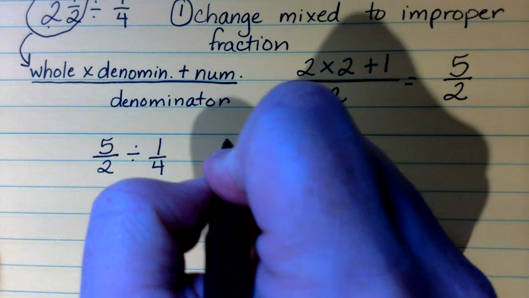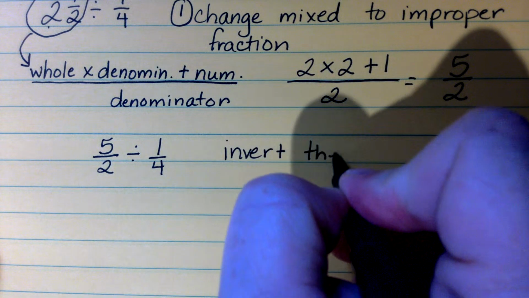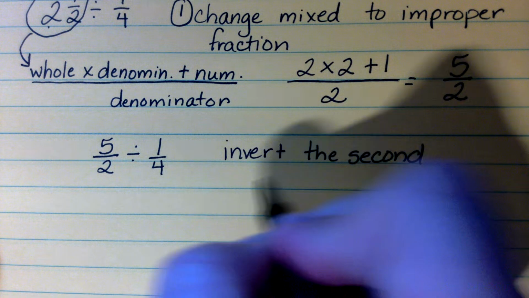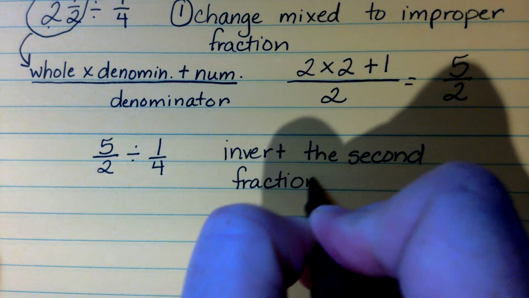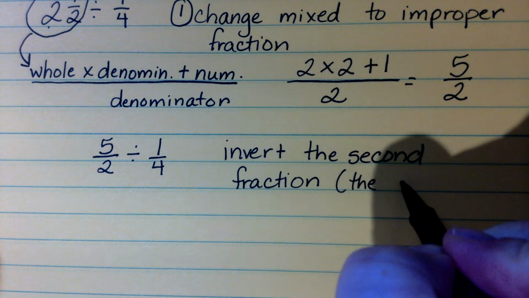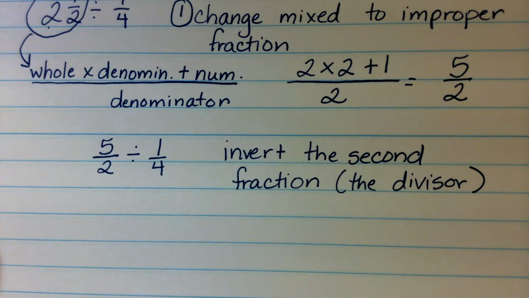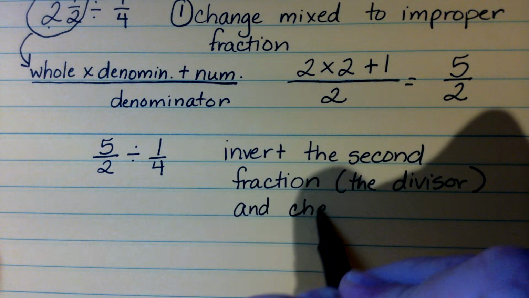We invert the second fraction. It's important to do that on the second fraction, not the first one, which would be the divisor. And change the sign to multiplication.